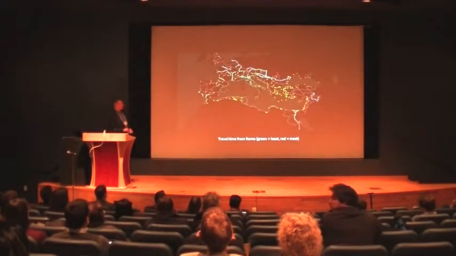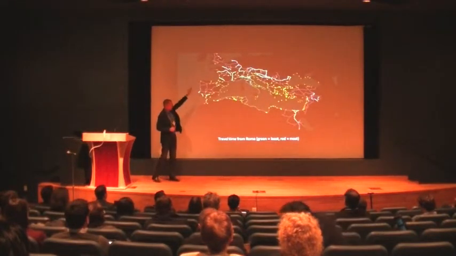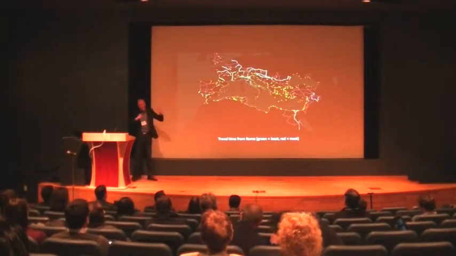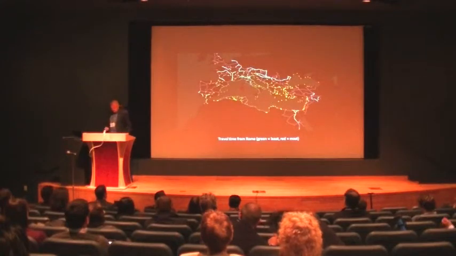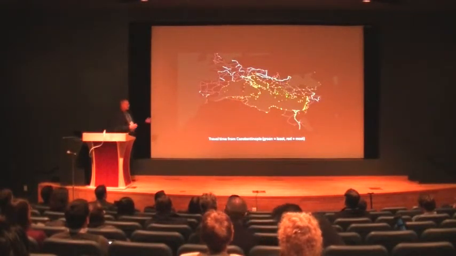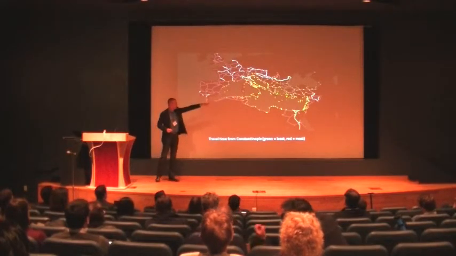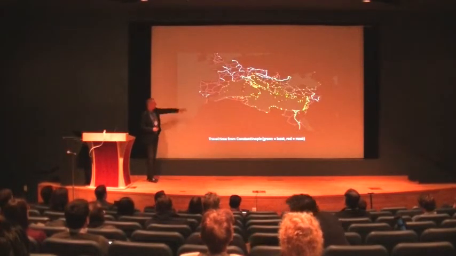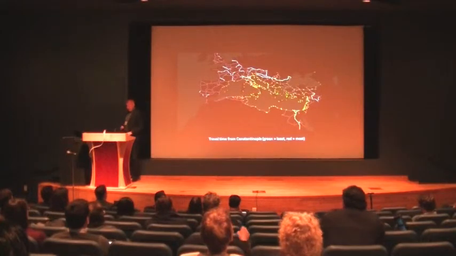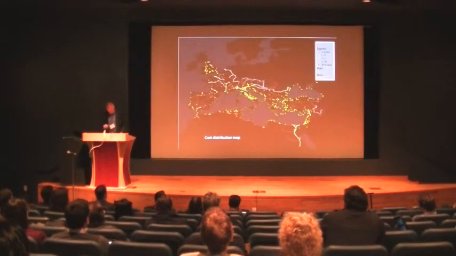You can do this in colored dots as well. Again, you can see at a glance how the empire is really configured in terms of travel time. You can do it for Constantinople, where everything shifts. Now the center is in the east, in the Aegean, and Western Europe, unsurprisingly, is really far away.